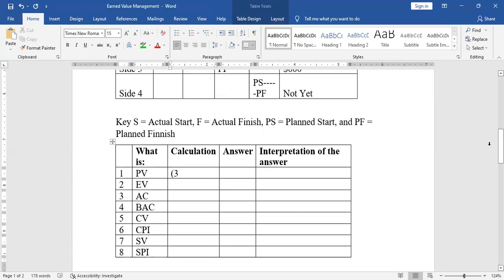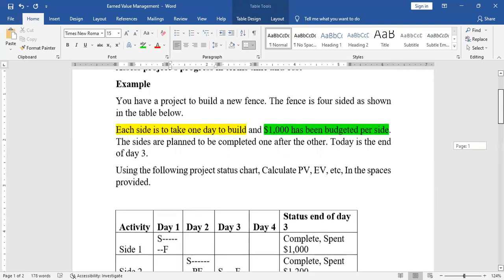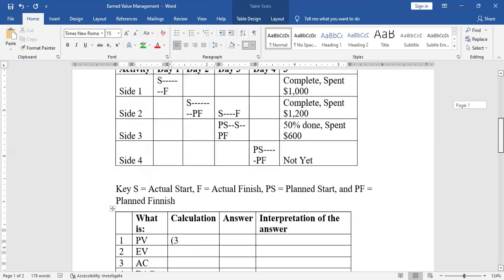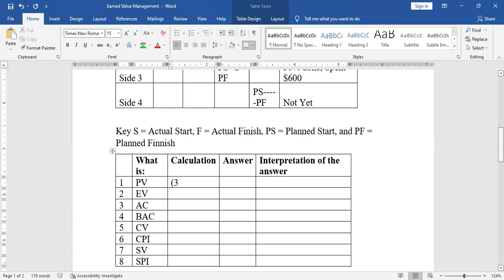And then each side, according to plan, costs $1,000. So now come here and multiply this by $1,000. So I expect this sheet to be provided to me in the exam.